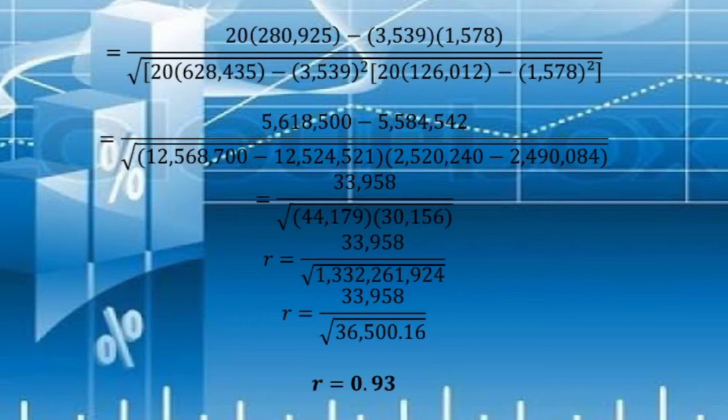Then r equals 33,958 divided by 36,500.16. r equals 0.93. Our r is equal to 0.93, by using the formula of Pearson's r.